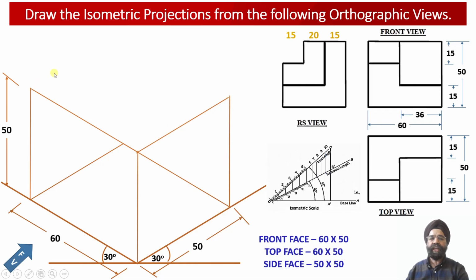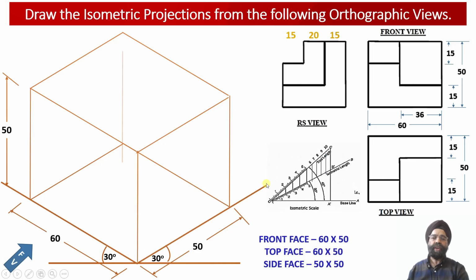Now let us complete the top view face. In order to complete the top view face, one isometric edge we need to draw parallel to this x-axis, measuring 60 millimeter. Another isometric edge we have drawn measures 50 millimeter, and this edge will be parallel to the z-axis.